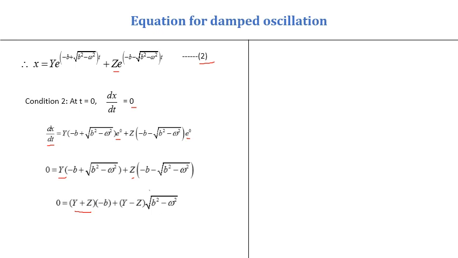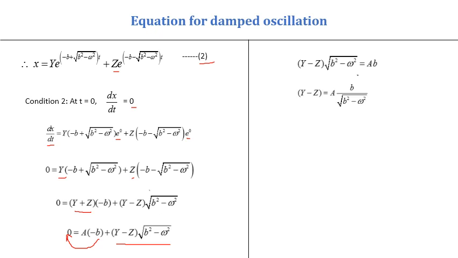So if we substitute y plus z as a, we get 0 equal to a into minus b plus y minus z into square root of b square minus omega square. From this we can write y minus z into square root of b square minus omega square is equal to ab.